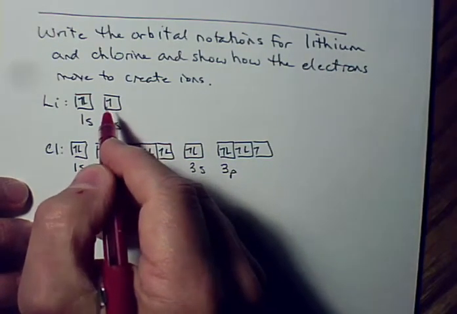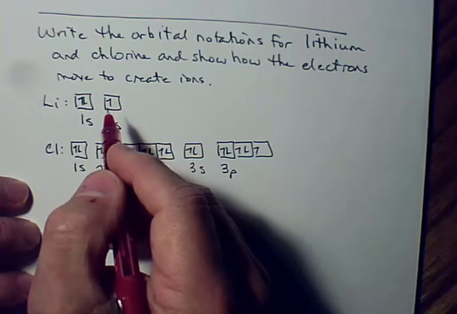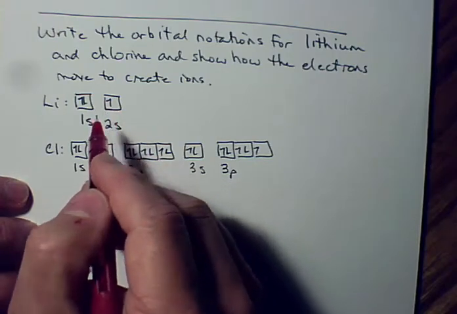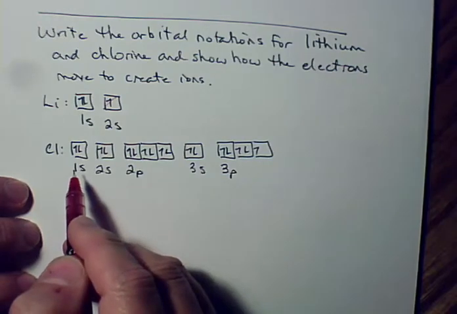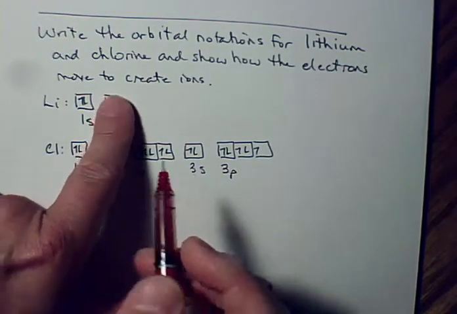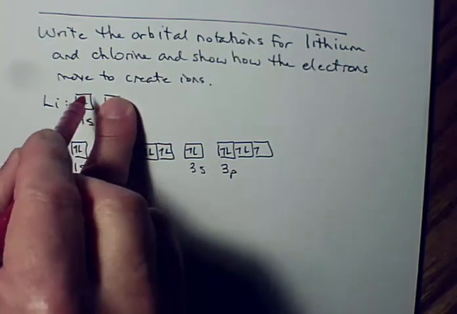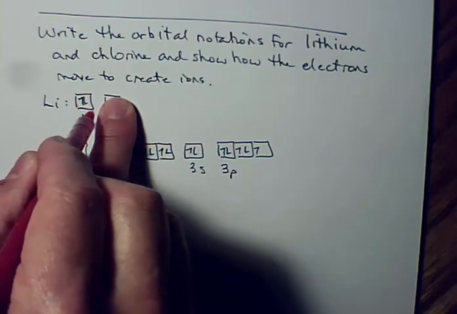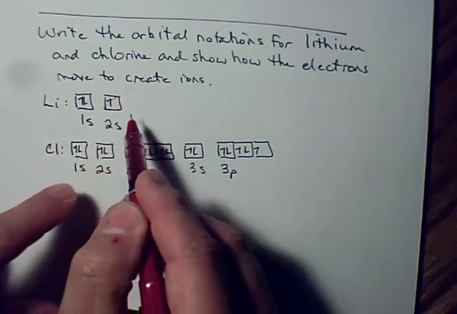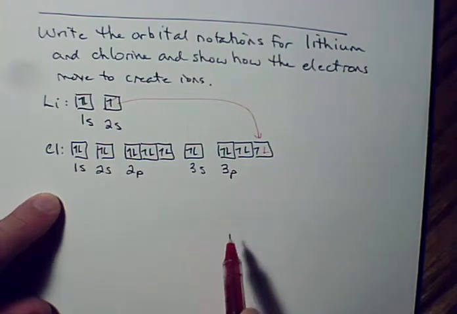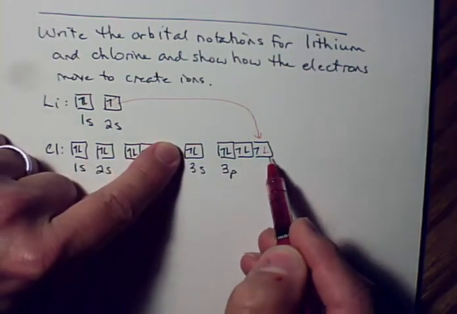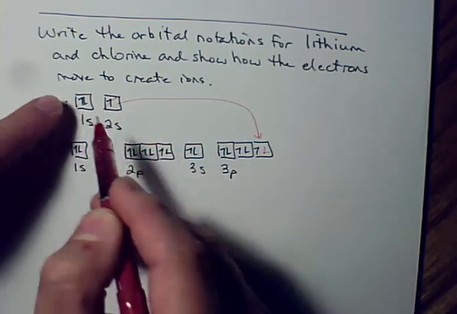This 1 electron right here leaves lithium. That leaves lithium with a full energy level because the first energy level only has 2 electrons. It leaves and it can go down here to chlorine. Now chlorine has a full outer energy level.